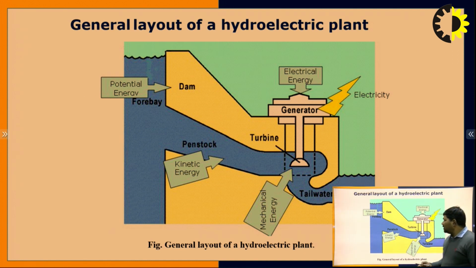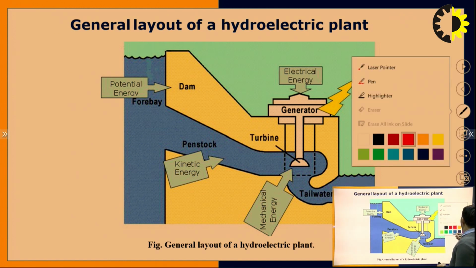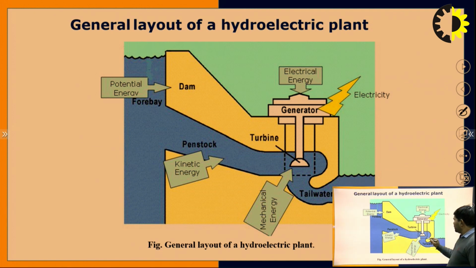The water strikes the blade and the blade rotates. The rotation of the hub or blade is connected to the alternator, and the alternator generates electricity, which you can then transfer from one place to another.